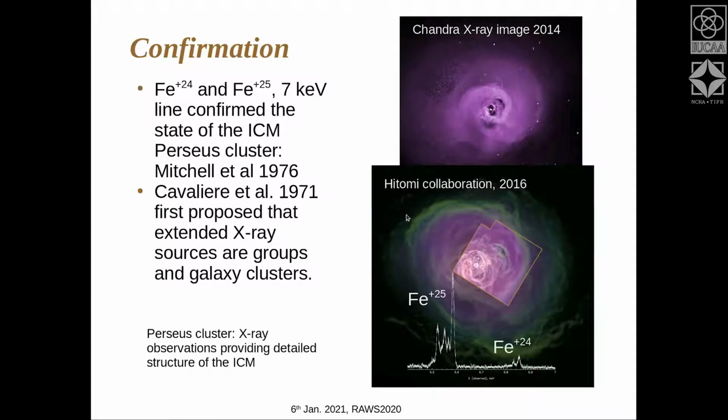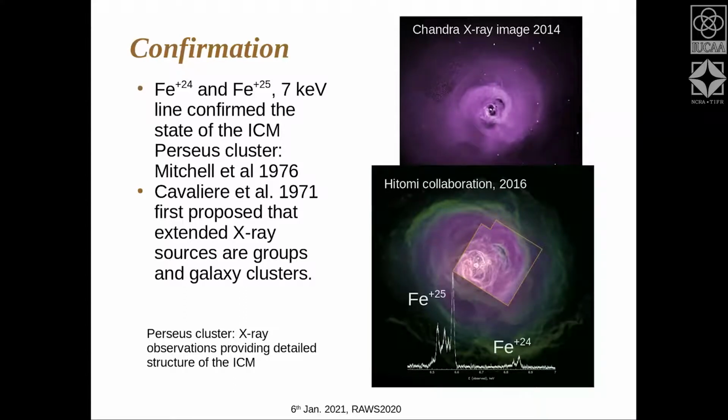Unfortunately, after it took its commissioning observations, it had a problem and the satellite did not survive. So the observatory is gone, but the commissioning data it had taken has provided very sensitive measurements of the spectrum of the intracluster medium plasma.